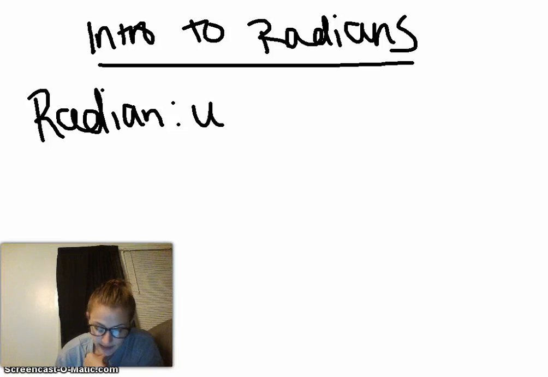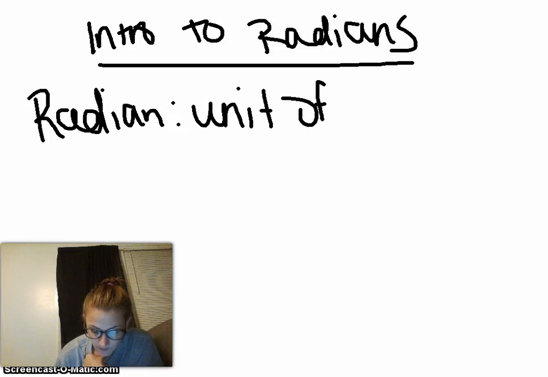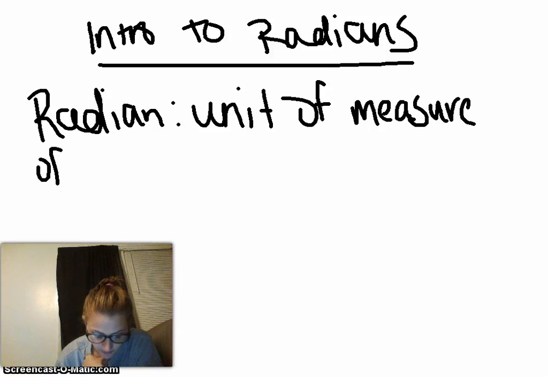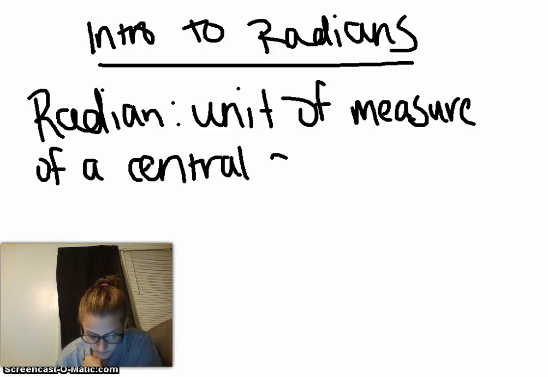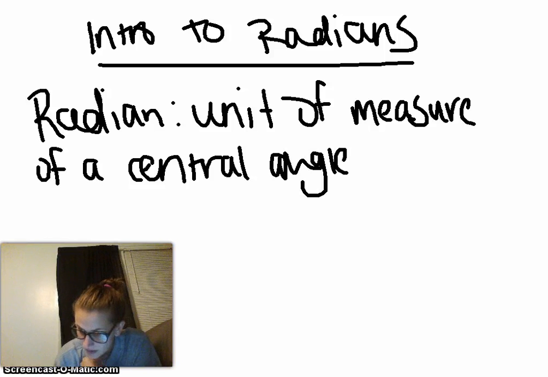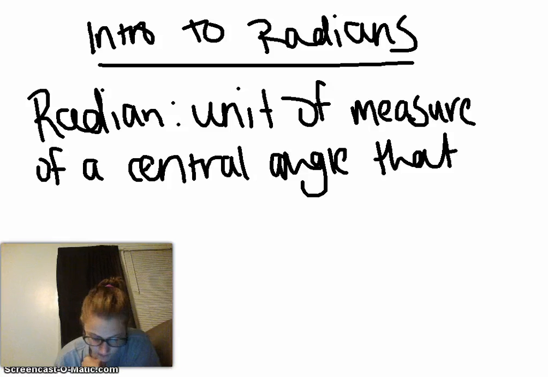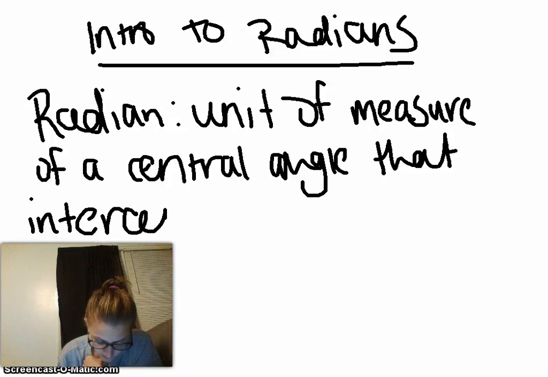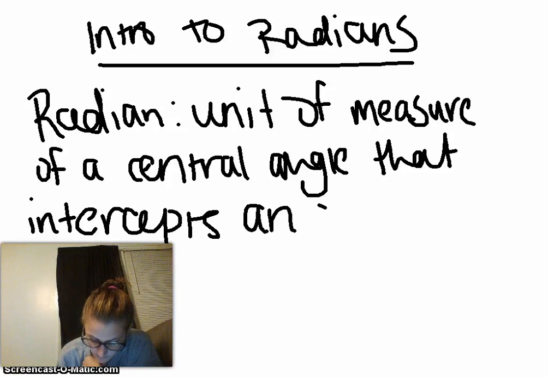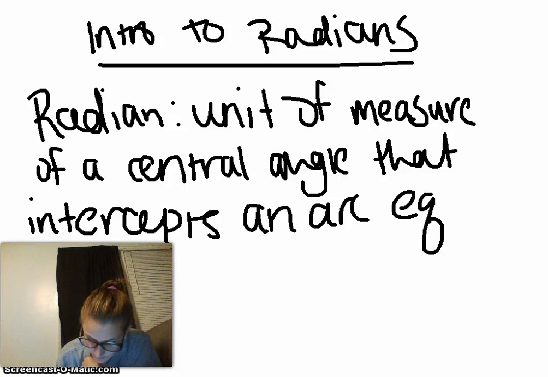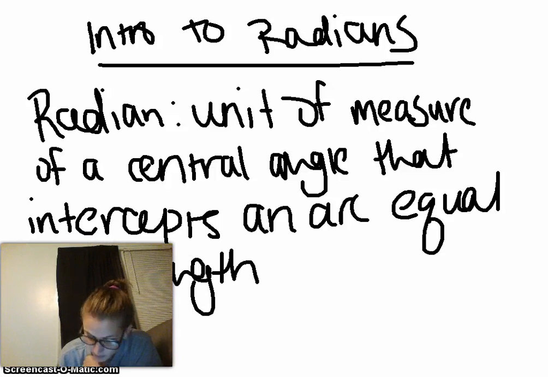So a radian is a unit of measure of a central angle that intercepts an arc equal to the length of the radius.